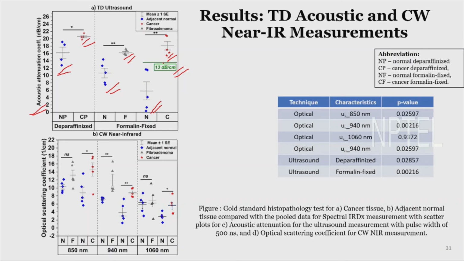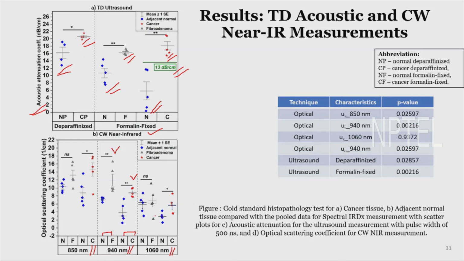In the case of near infrared spectroscopy, we did it for 3 different wavelengths, that is 850 nanometers, 940 nanometers and 1060 nanometers. Here you can see there is a very good delineation at 940 nanometers, between normal and fibroadenoma tissues and between normal and cancerous tissue.